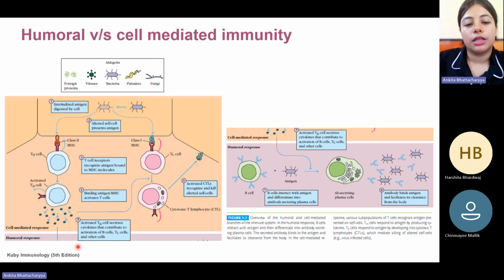Next, we understood how the cell mediated response and humoral response distinguish from each other. Effectively, the downstream response that is the consequence of this recognition is also different. For example, in case of cell-mediated immunity, there is cell death via cytotoxicity, whereas for humoral response, there is the binding between antigen and antibody, and then its clearance can occur through several different types of mechanisms.